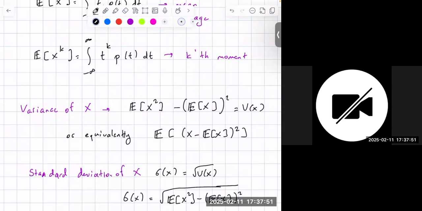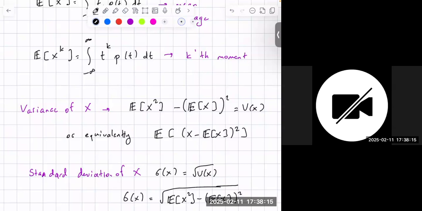This expression, sometimes you would see this for variance. It's equivalent to that. This is small algebra. Maybe I can give it as an exercise to you guys today. It's nice to work it out once. And standard deviation is the square root of variance. Somehow we decided to go by the square root instead of the thing itself. That's usually called sigma, the standard deviation.